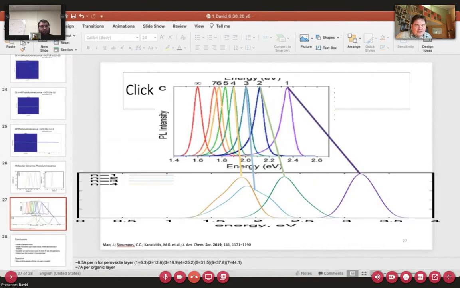Are there experimental data for lead chloride progression of multilayer perovskites to compare apples to apples?